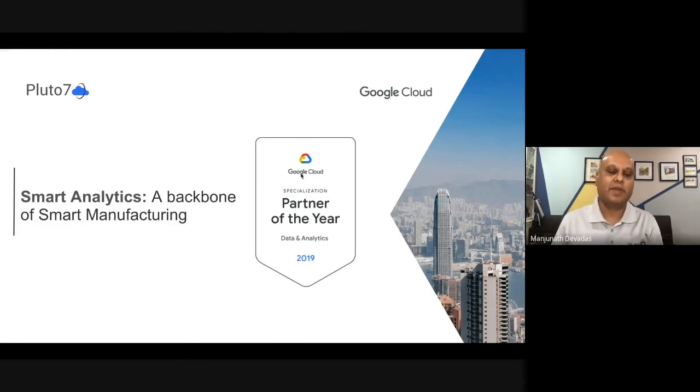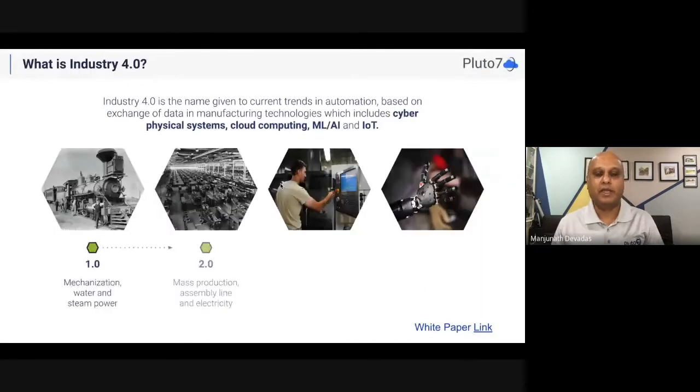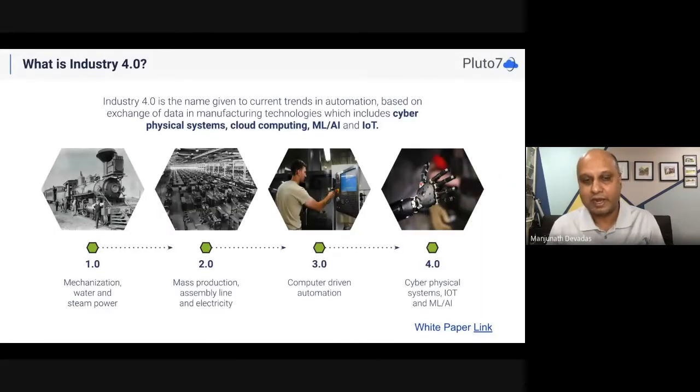For a resilient supply chain and smart manufacturing, it starts with insights into how your manufacturing and supply chain work. That's where we bring in smart manufacturing, smart analytics for manufacturing.